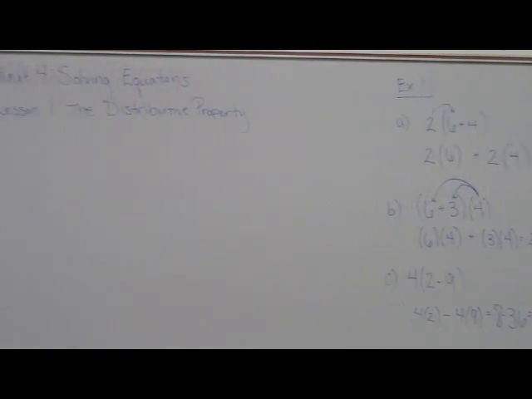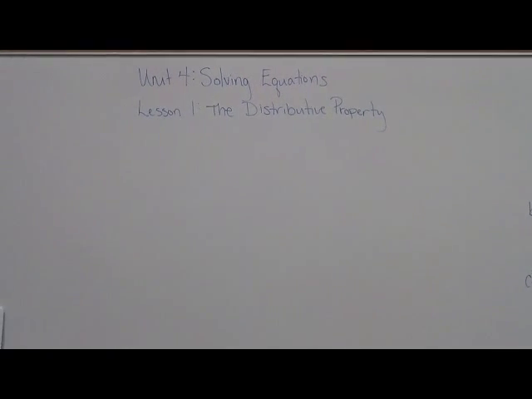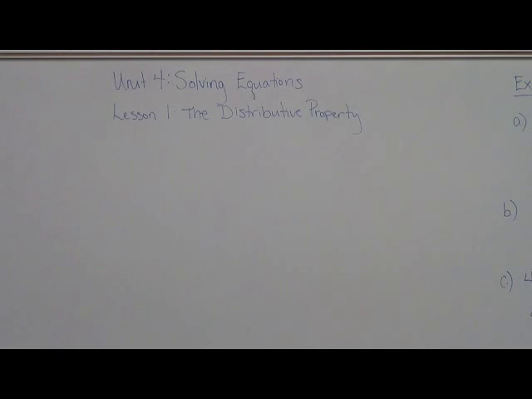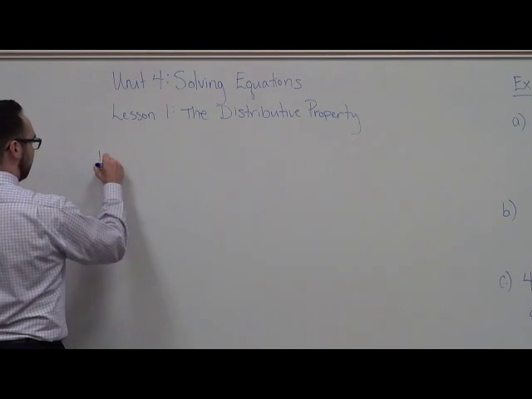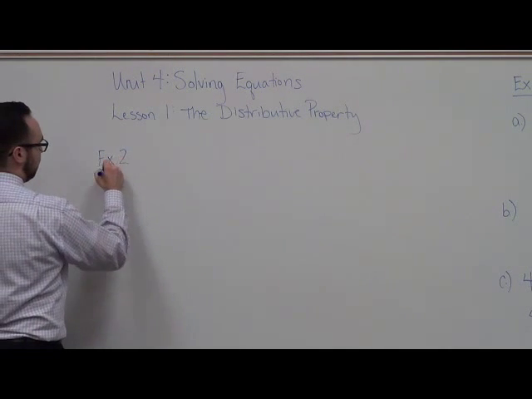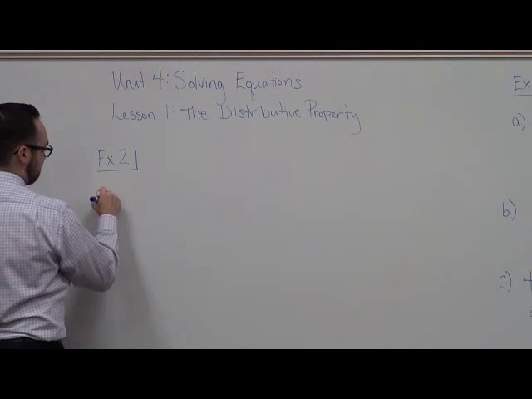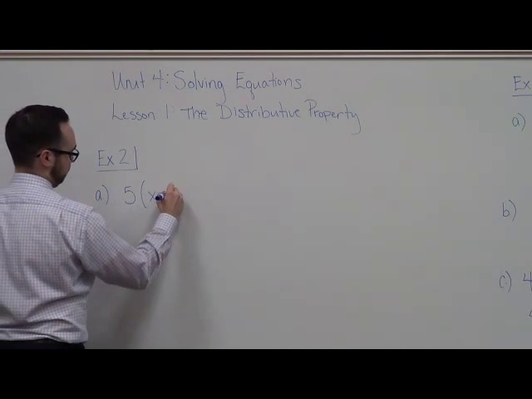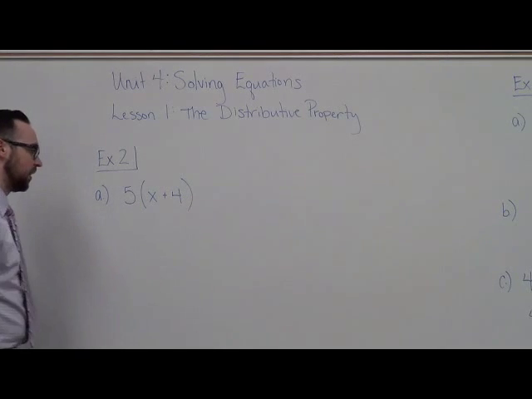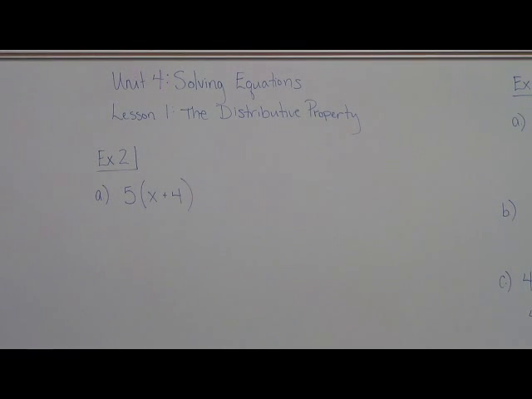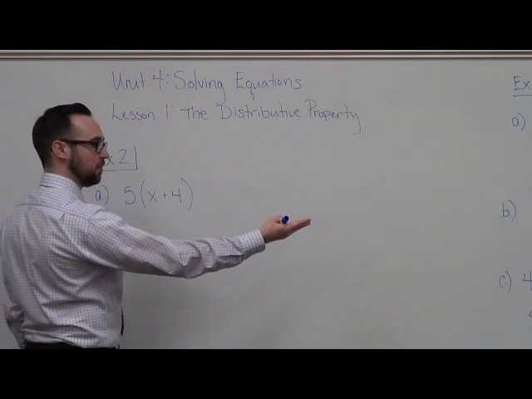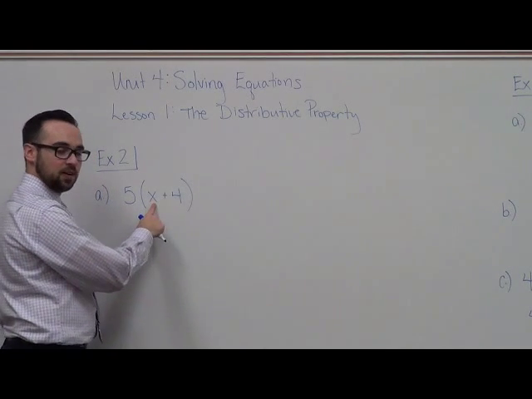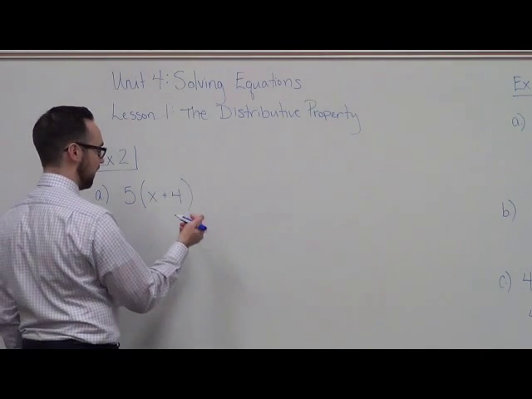Alright, I'm going to come back over here and we're going to do a different example. We're going to do an example now where we use variables. So for instance, if I had 5 times x plus 4, to do it this way, you're going to do the same thing we were doing before. However, we have a variable, so we can't actually find the answer.